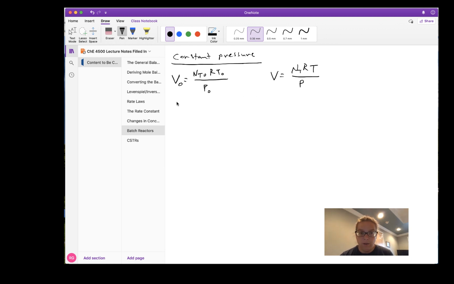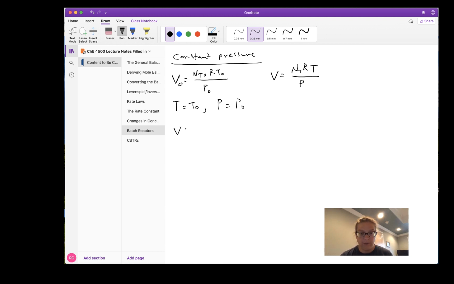But we know that this is an isothermal reaction, so T equals T0, and this is a constant pressure reactor, so we also know that P equals P0. So basically what's going to happen is the volume is going to change because of this change in the number of moles.